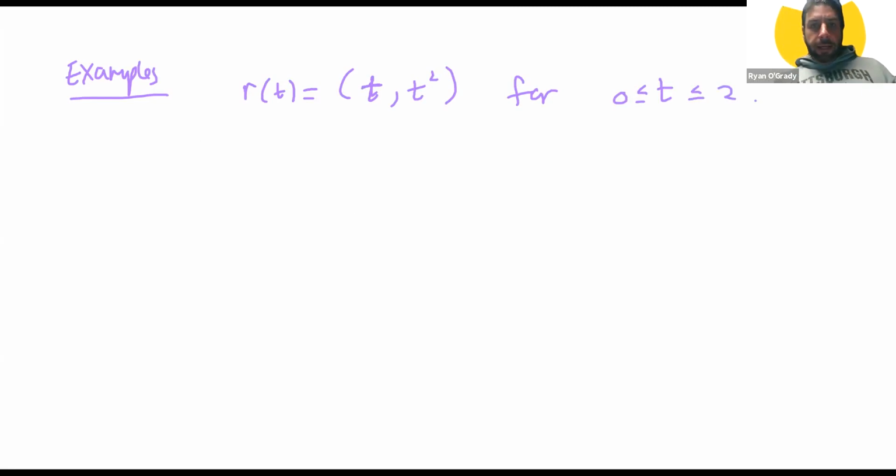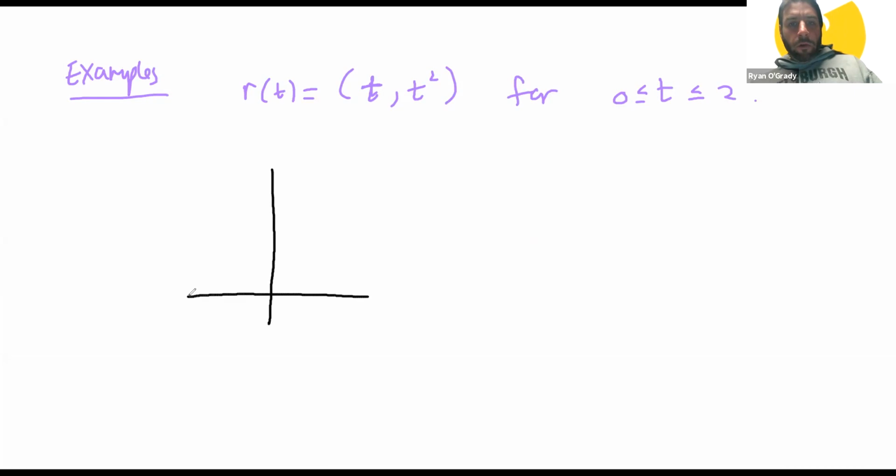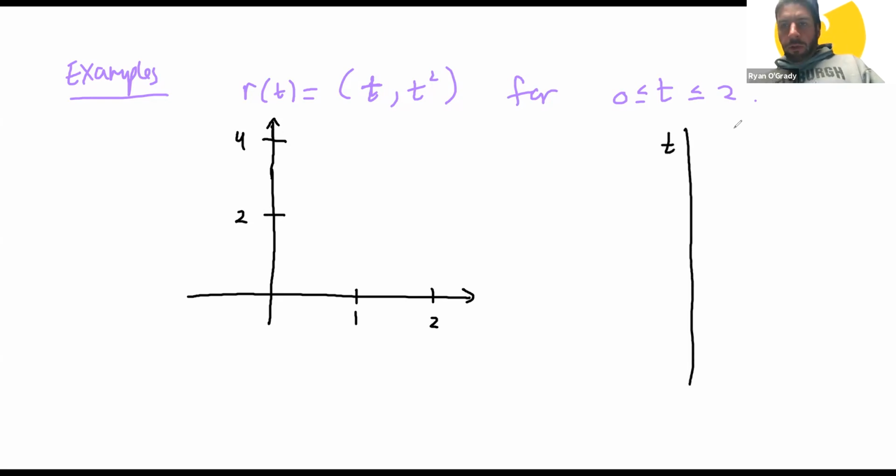So the way to think about this is, if you draw your XY axis, we think of this as 1, and then this is 2. And we'll think of this as 4. This is 2. So let's think about what happens if we make a little table like we would have done when we were children learning algebra.